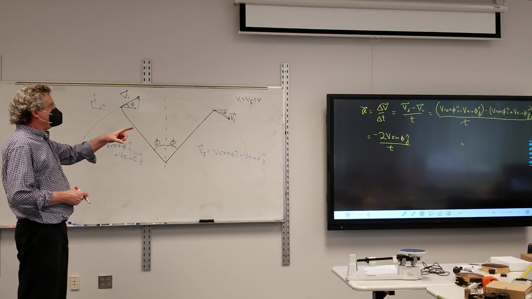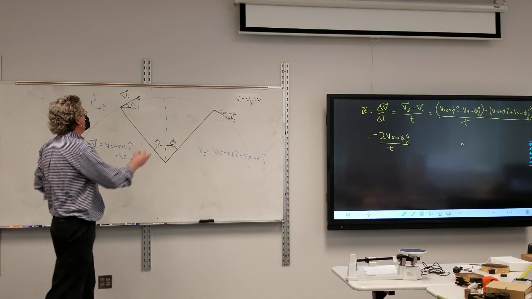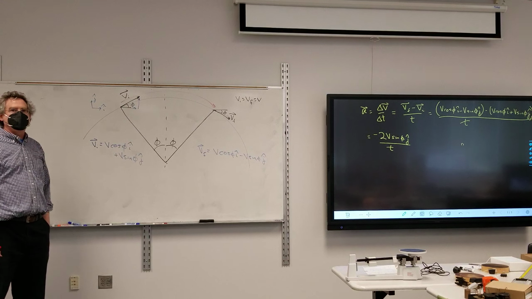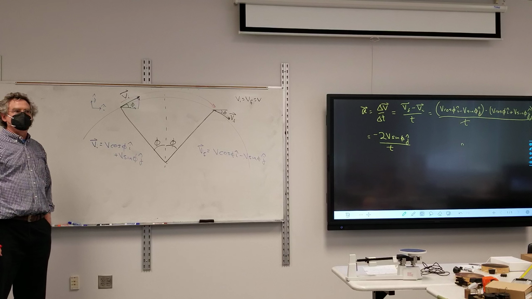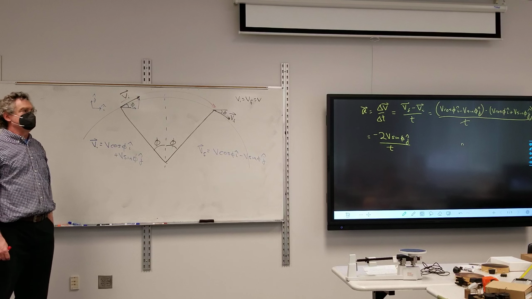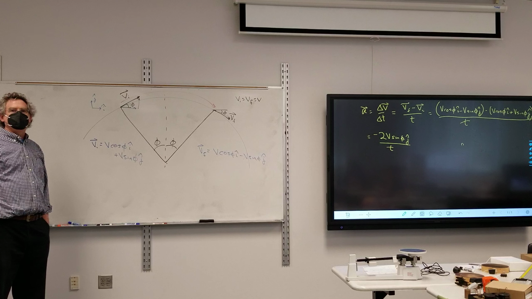If the amount of time it takes to get from here to here is t, and it's traveling at a constant speed, what is this distance? It's the arc length.